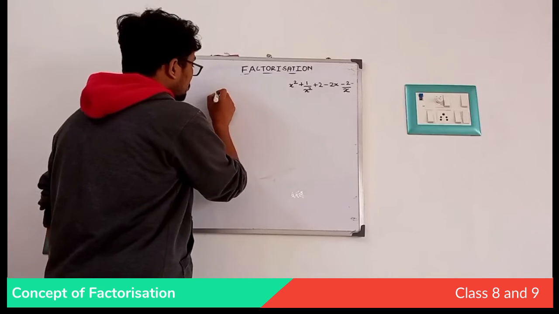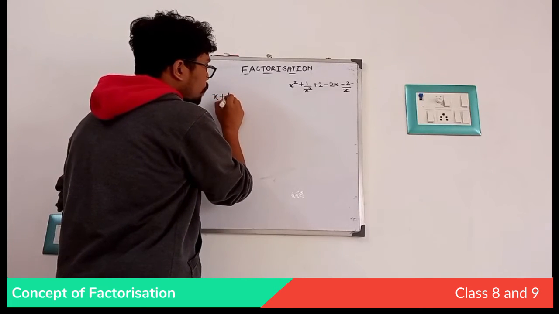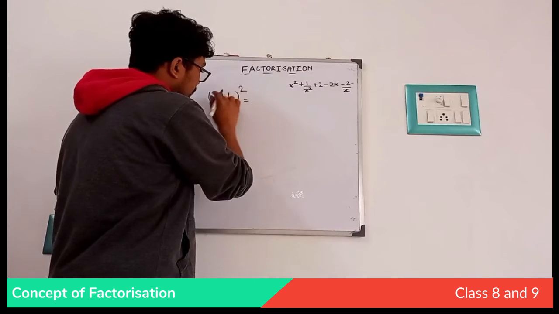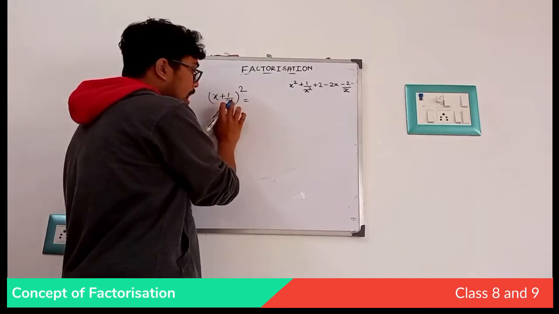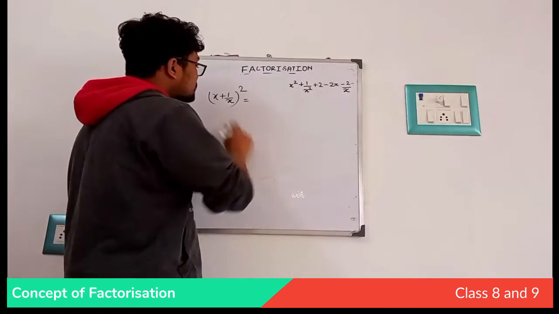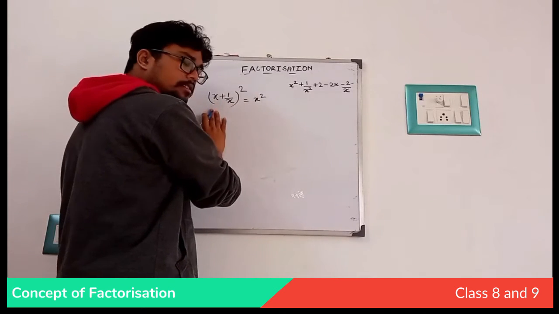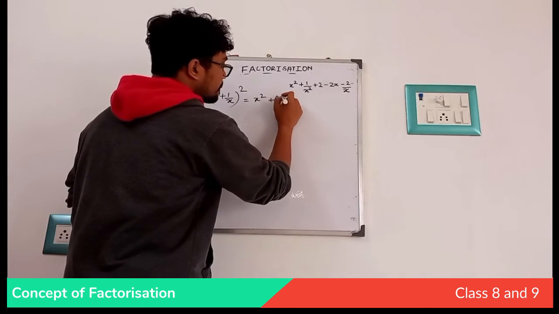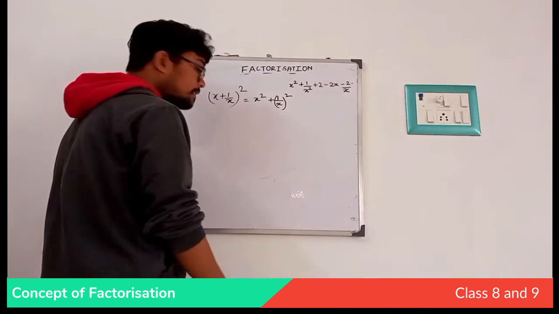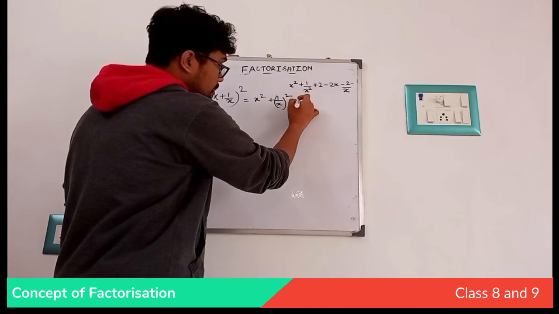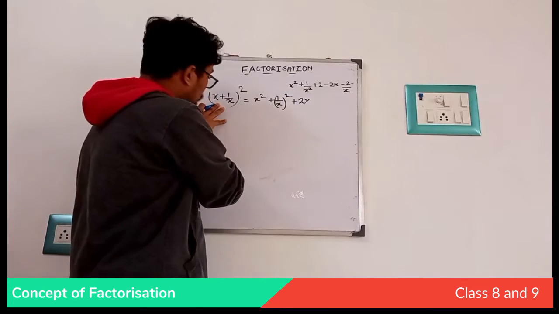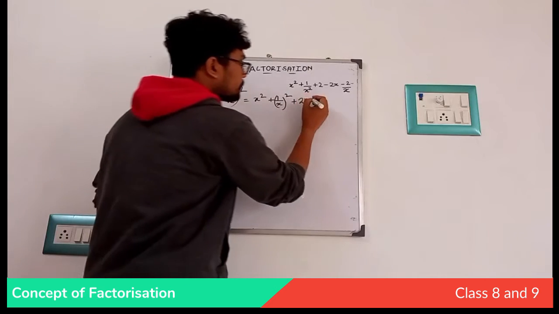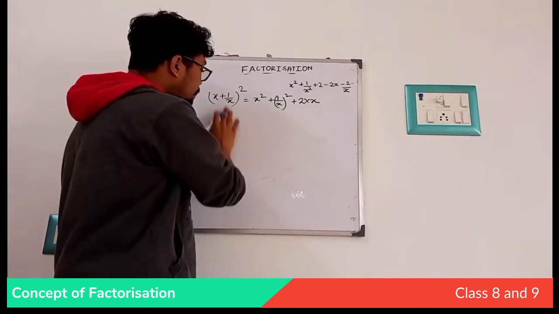Suppose if I write (x plus 1 by x) whole square, what will we have? What is a? x is a and b is 1 by x. So first is x square, that means a square, then plus b square, that means (1 by x) square, and what is 2ab? 2 into x, where x is a and 1 by x is b.